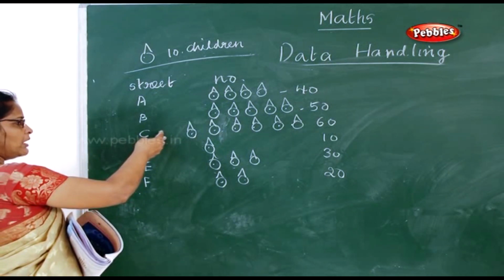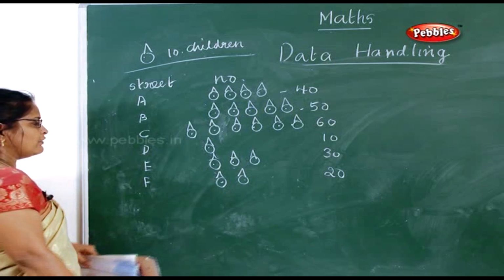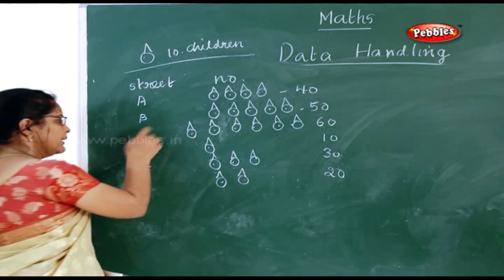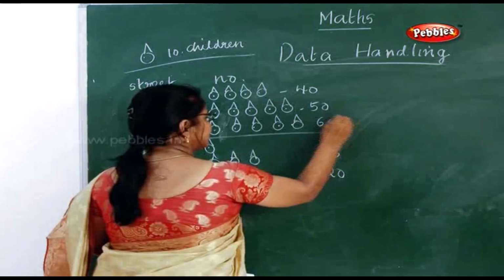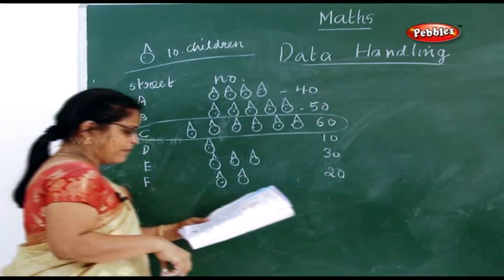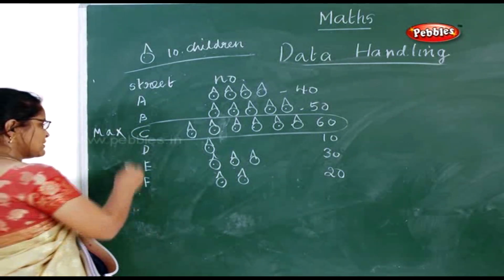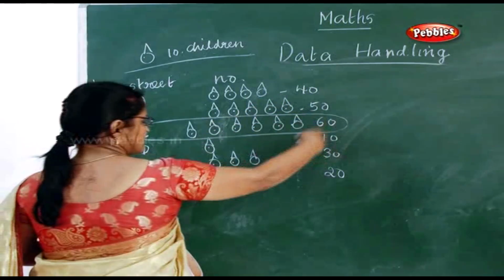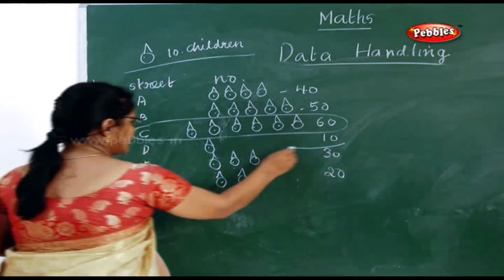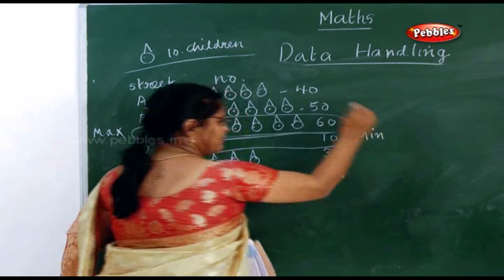A, B, C, D, E, F. Which street has got the maximum number? It is C. Is it clear now? Now, the minimum. Minimum means least. See, 40, 50, 60 is maximum, and 10 is the minimum. So, street D is the minimum.